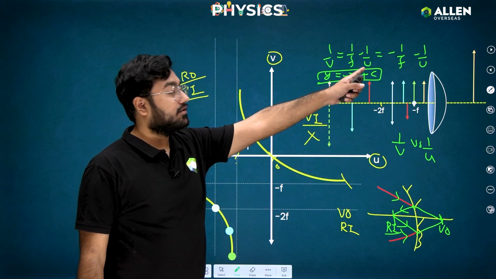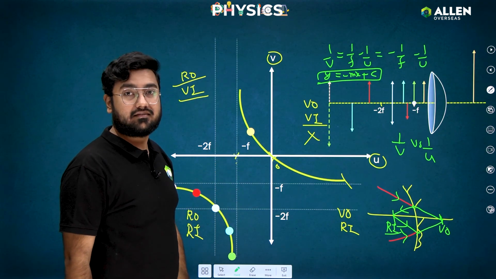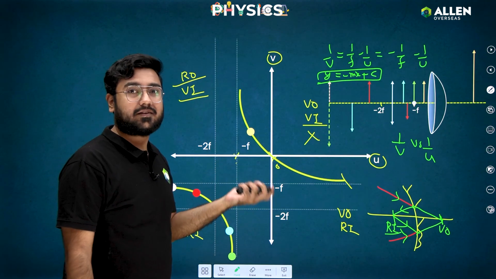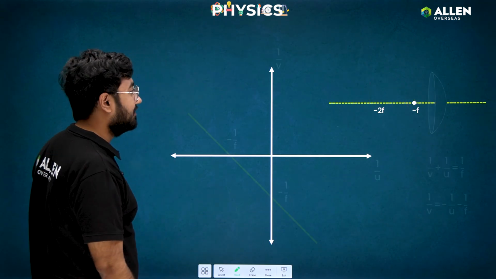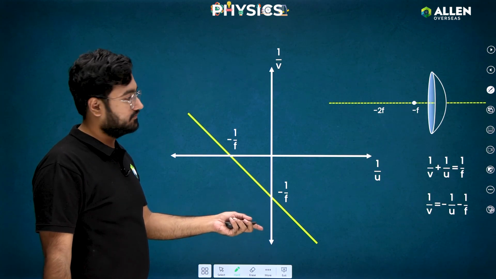That means it is going to have an intercept in the negative direction of the y-axis, but it will be a straight line. Let us see, a straight line with a negative intercept as promised.